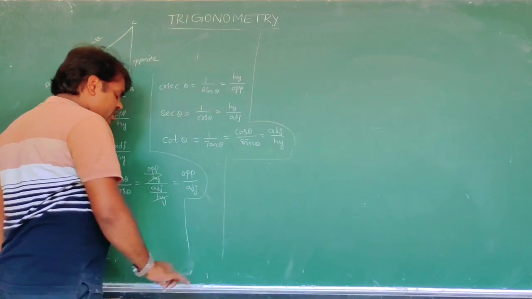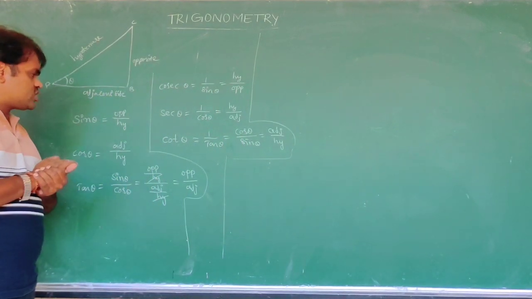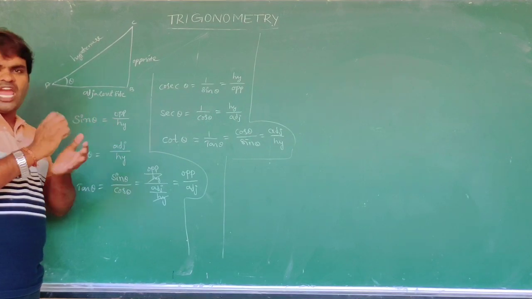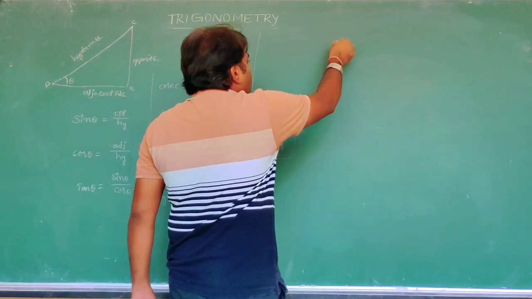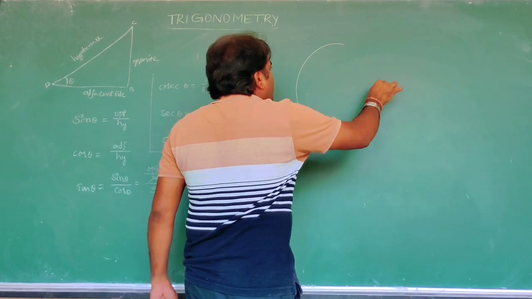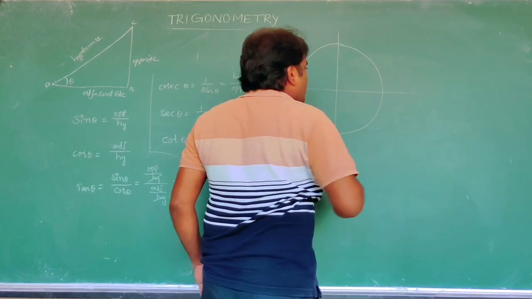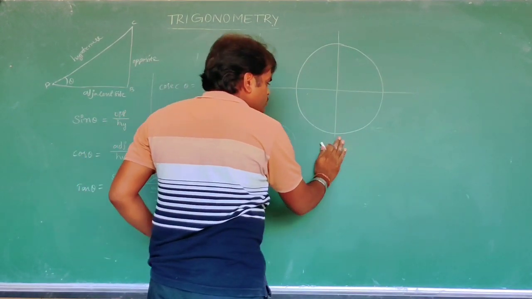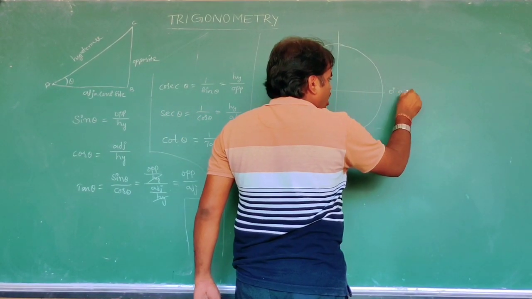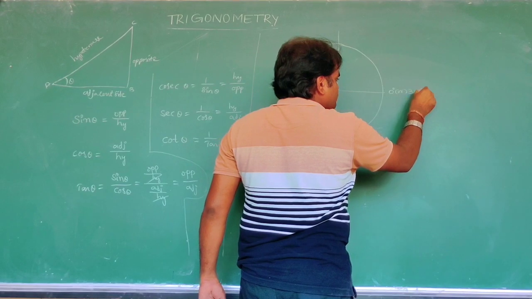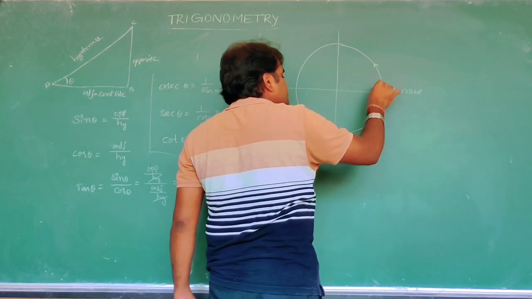Now we are going to understand how these trigonometric ratios vary with different angles. We can see here a circle. Let us assume this is 0 degree or 360 degree initially. Now it is going to revolve anti-clockwise.